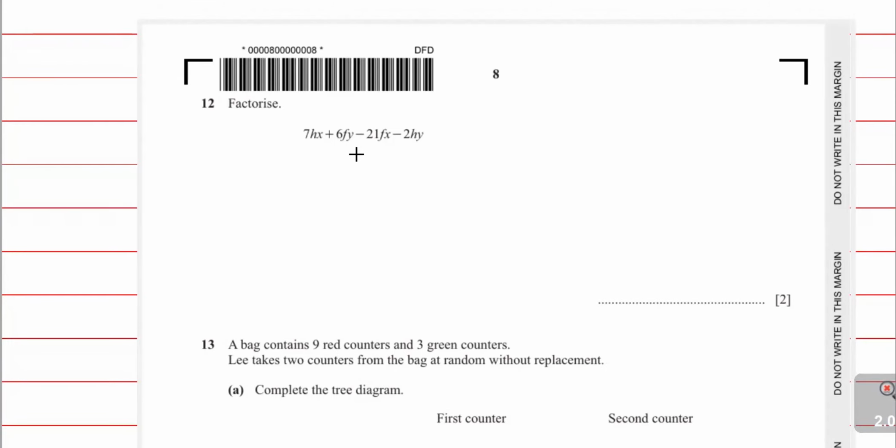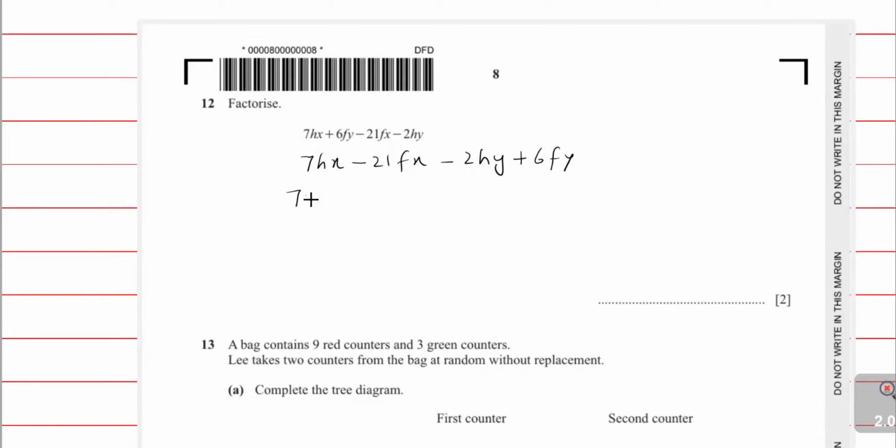Question 12. Factorize this expression. To factorize this expression, we will arrange the expression here. We can write this 7hx minus 21fx and minus 2hy plus 6fy.